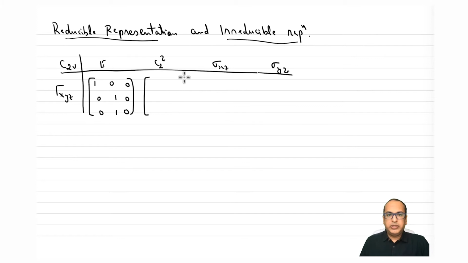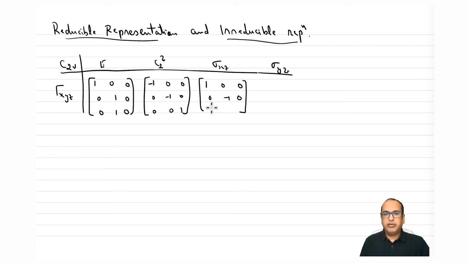So now if I do C2Z, I will get -1 for X, -1 for Y, and positive for Z. Similarly, if I am doing sigma xz, I will get 1 0 0, y will be negative, 0 0 1, x and z will be positive. In this case, x will be negative, y and z will be positive, right? That we have already worked out. Sorry, this element got wrong here. This will be 0 and 1.